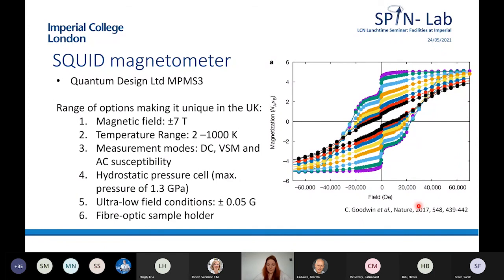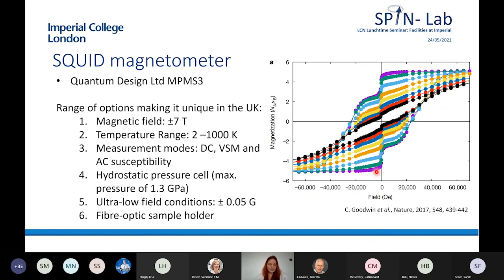On the right side here, you can see an example of hysteresis loops recorded at various temperatures. This particular one was not recorded at Spinlab, unfortunately, but we hope in the future to have something similar or even better. The hysteresis loops were recorded from 2K, the purple ones, up to 30K, the black ones, in steps of 4K in between.